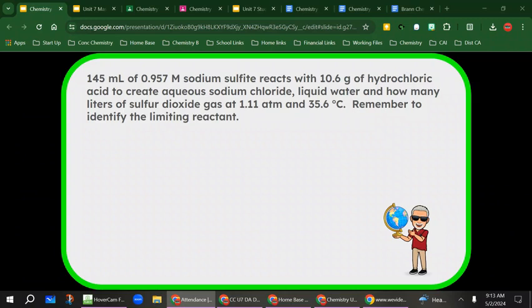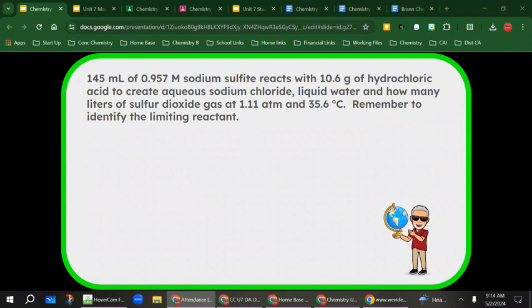Sulfite, not sulfate. Good catch. So then it's sulfite. Does that change the back of here or no?